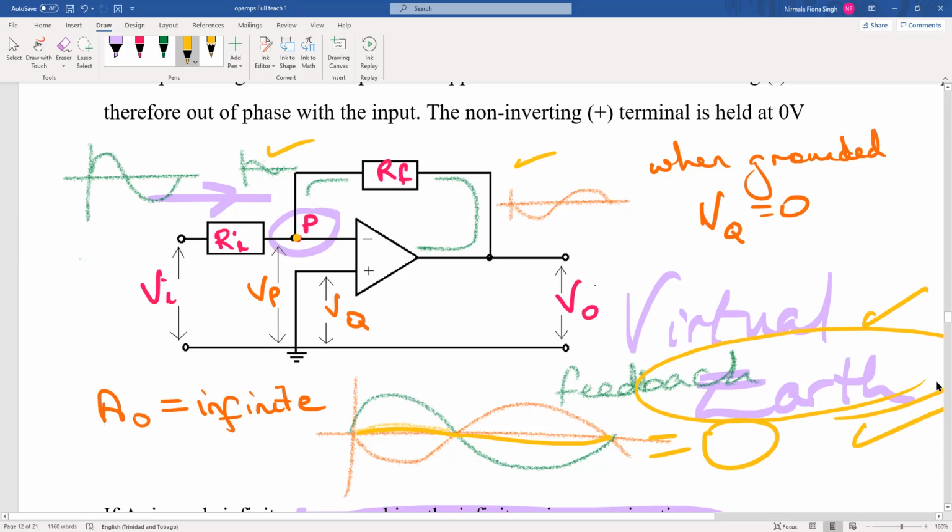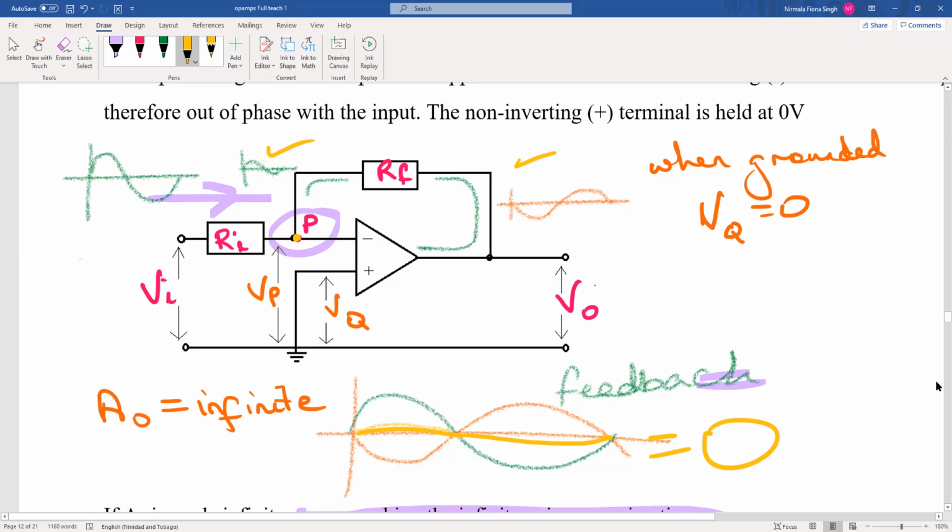That's why we call it virtual Earth, because it's not actually an earthed signal, but because our two signals cancel out or nearly cancel out each other, we can use something called virtual Earth. Virtual Earth allows us to analyze our circuit currents and voltages much easier. We can see where things are changing and how and why they change.